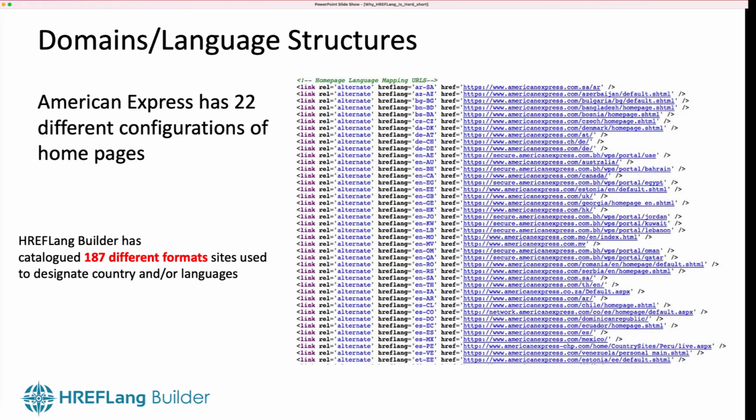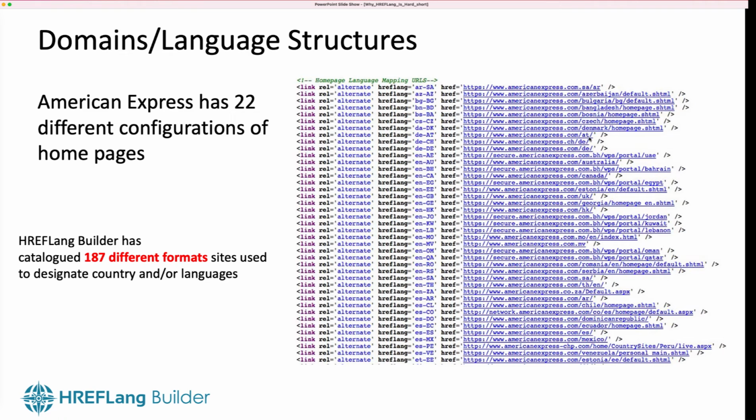This is the poster child for complex web architecture. I've shown this a number of times over the past 5 years. This is American Express, and out of 100 plus country websites, they actually use 22 different formats or syntax to indicate a country website. Everything like in this first one, this is .com SAAR, so Arabic Saudi Arabia.